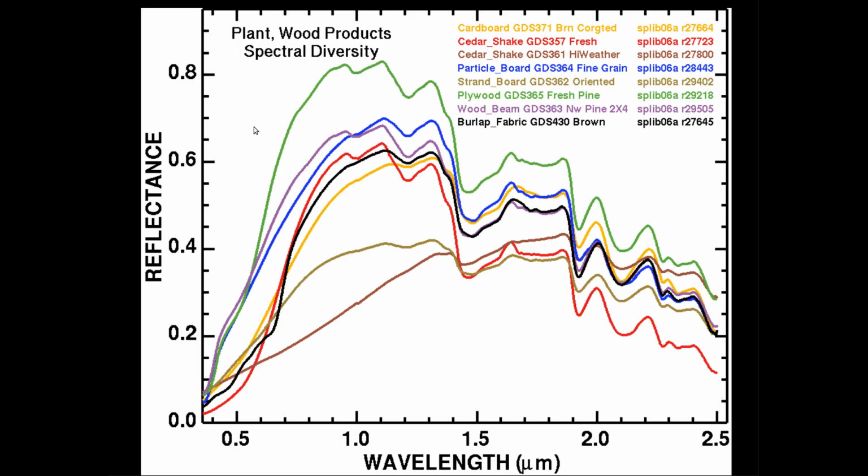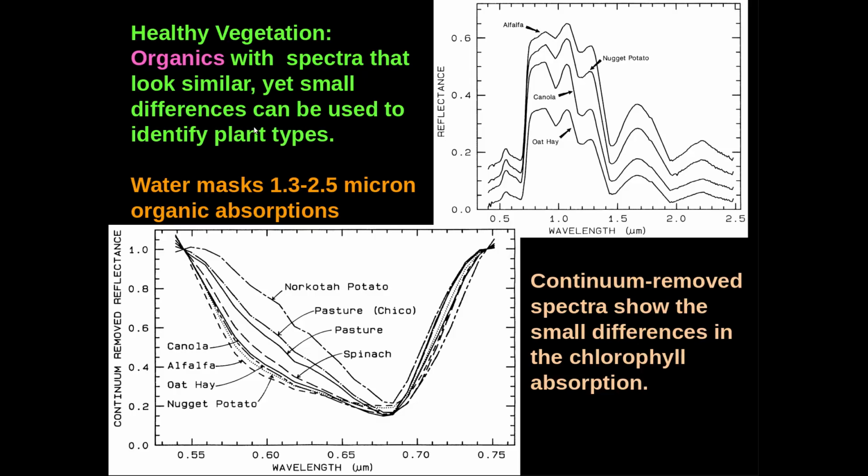Similar, more plant and wood products. Plants can also be identified by species, and here's an example of that. The problem with plants is they change with time, so you need to have reference spectra for each part of the growing season, and we currently don't have that. At least we don't have it in Tetracorder.